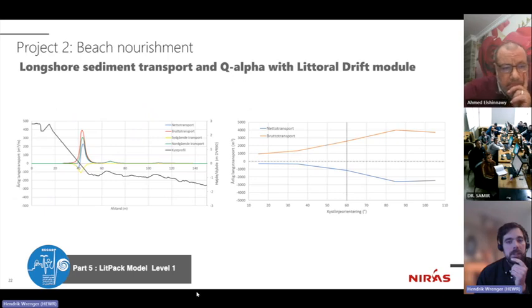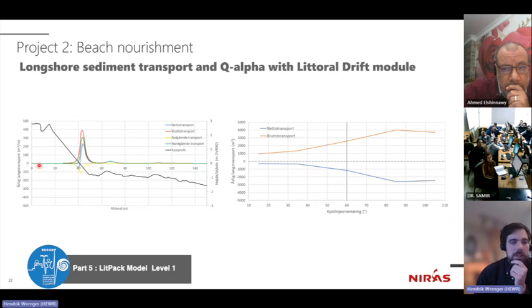And the second component, as we discussed, was including such a beach nourishment. So again, the profile here is already placed, including this additional amount of sand. What sort of longshore transport do we have? And we again have these curves here, displaying where the highest longshore transport is to be expected.